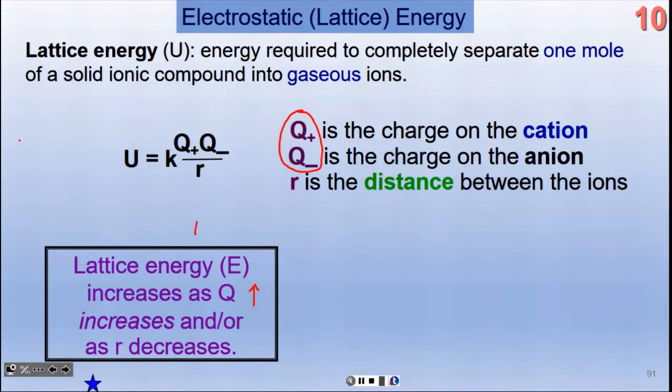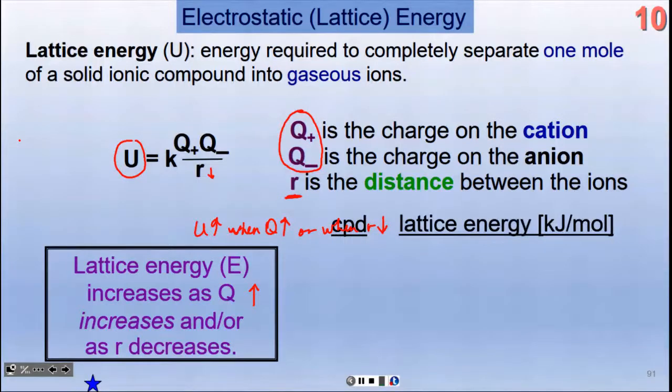So U goes up when Q goes up, and/or when the radius, or the distance between the ions, decreases. So when R decreases, if that value goes smaller, the whole overall value of the lattice energy will be greater. Does that make sense mathematically?